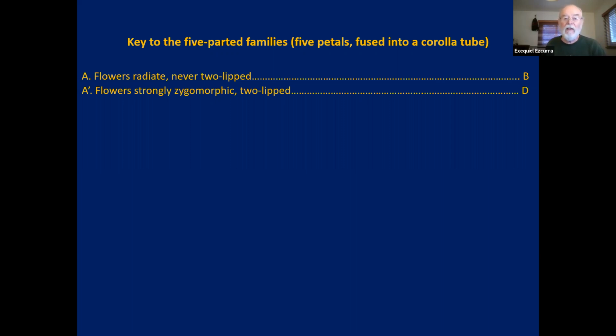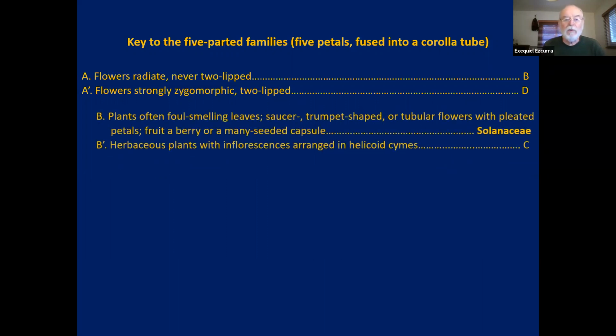If they are never 2-lipped, if they are actinomorphic, we go to option B. If they are zygomorphic, we go to option D. And I'll show you in a second what the options are.